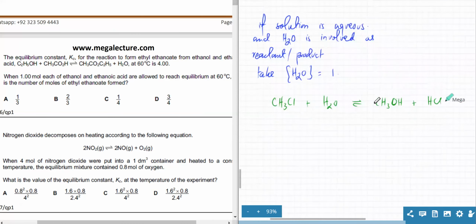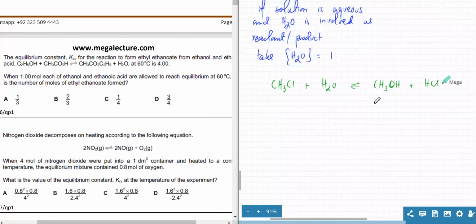Okay, let's assume this reaction is taking place. Now, the thing with this reaction is that you have water as a reactant, and let's say all of them are aqueous.